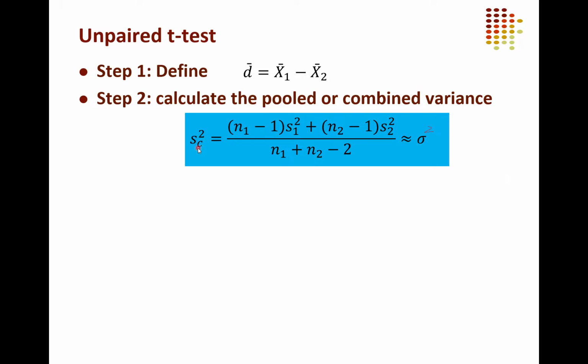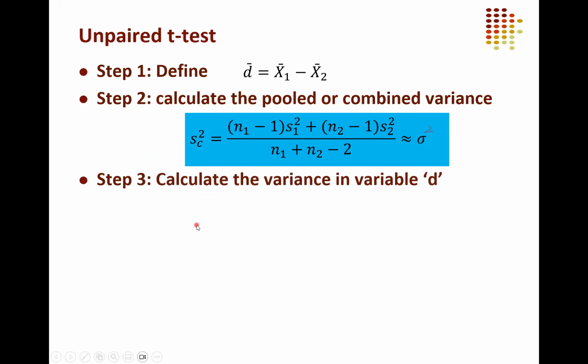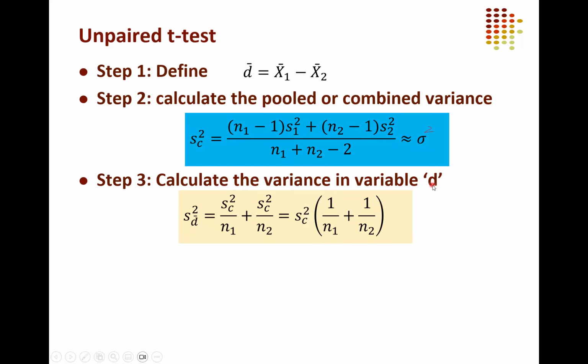This variance representative of the population will be used to calculate the variance in the variable D. When two quantities are added or subtracted, we know how to calculate the variance in the resultant quantity. So Sc squared times 1 over n1 plus 1 over n2 is the variance in the difference variable.